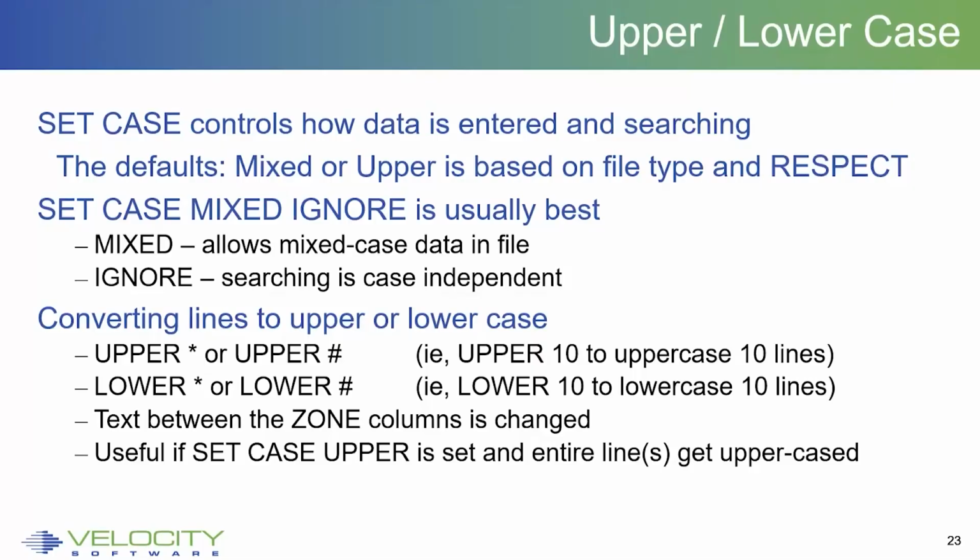So you can do a query zone to see what your zone setting is. You can do a set zone if you want to narrow down the columns you want to change. And then those upper and lower commands will only change those columns. So if you have set case upper set, and the entire line gets uppercase, but you didn't intend it to, you can use lower and lowercase it, etc., and vice versa.